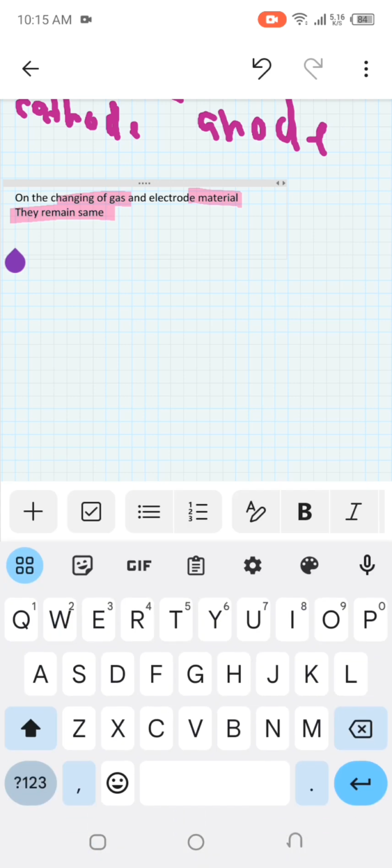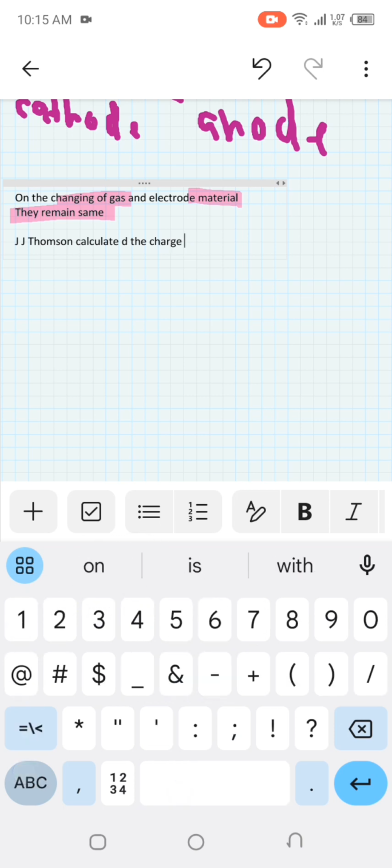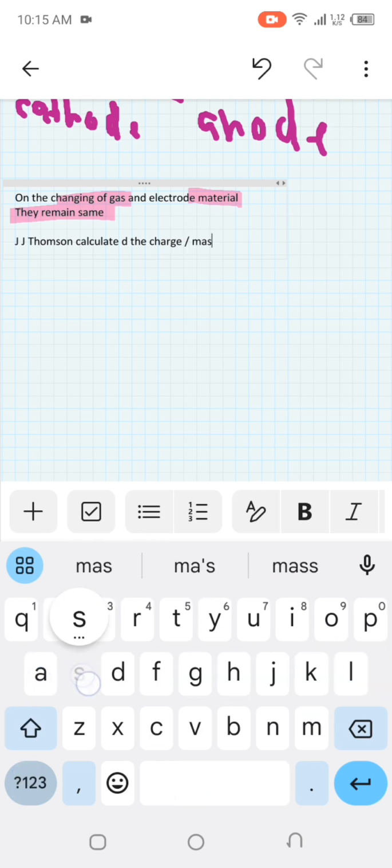After that, there was another thing: the property of cathode rays is that they are fundamental particles. By this, they identified that the electron is a fundamental particle. One more thing: J.J. Thomson calculated the charge to mass ratio.